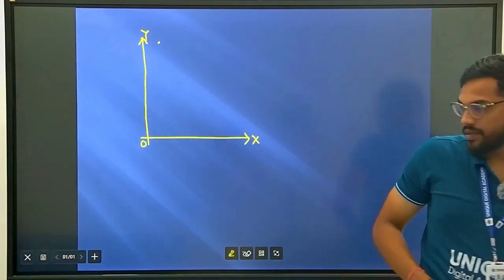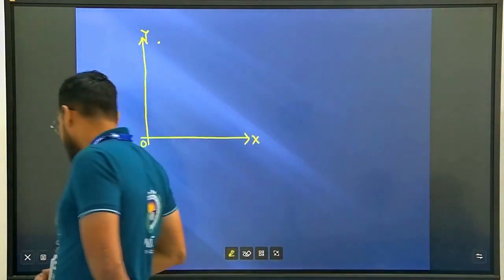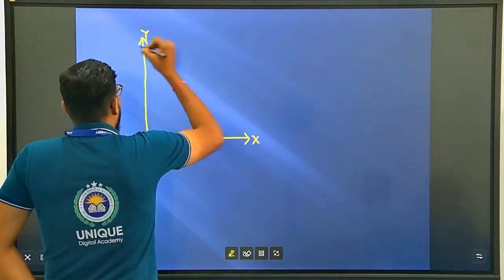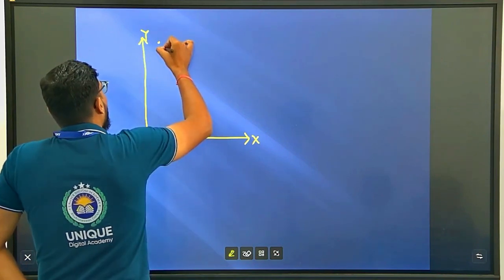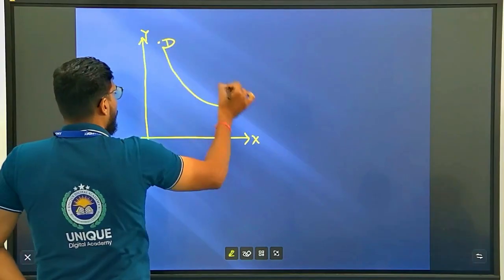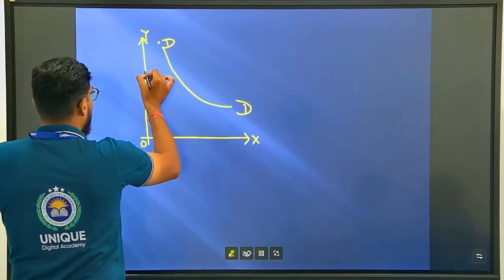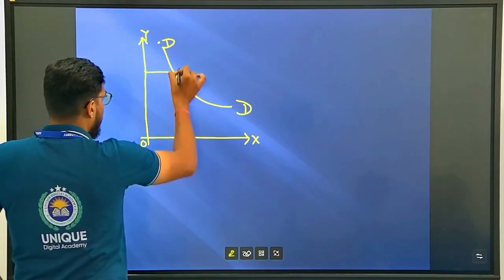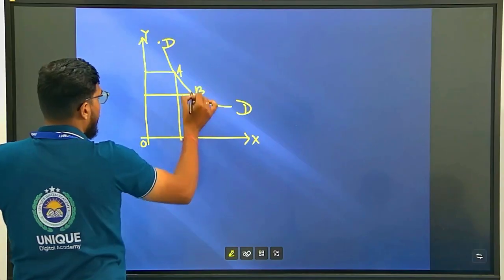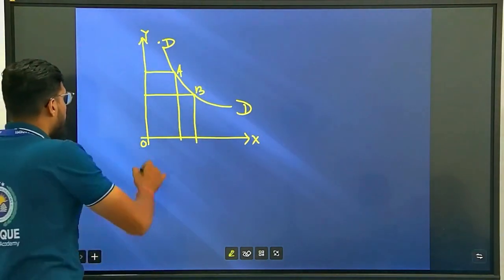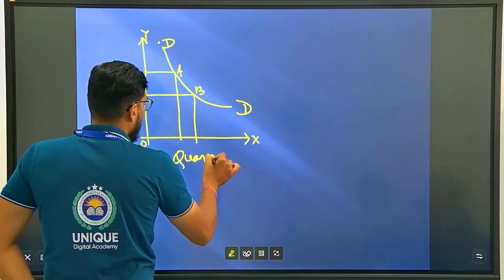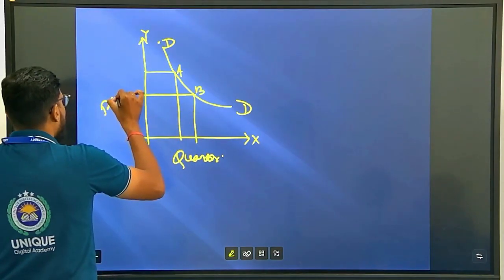Law of demand, price and demand relationship, and your demand curve is sloping downwards from left to right. Point A, price and quantity demanded. Point B, price and quantity demanded. So, x axis represents quantity and y axis represents price.